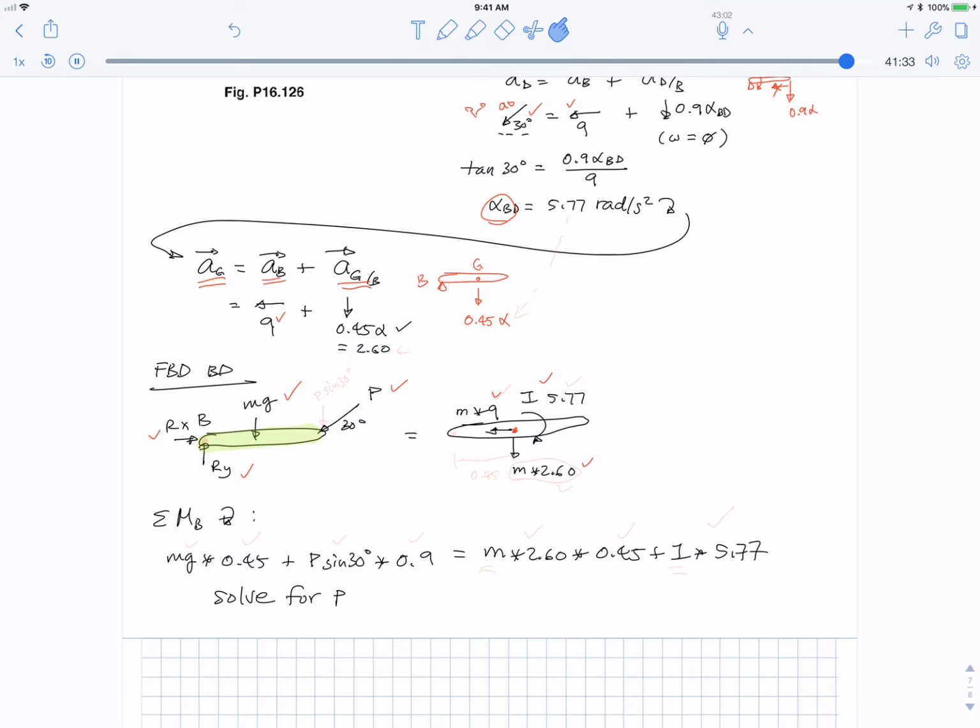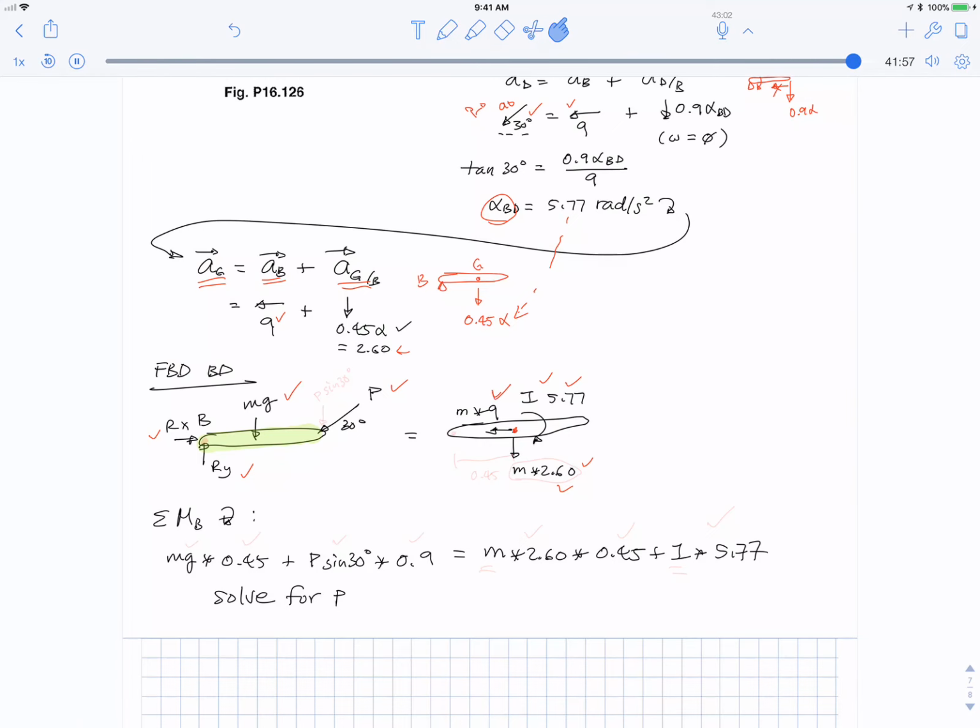And we just got that alpha, 5.77. You put it in there, and you can get this. So now we can write out the right-hand side. We know that the x acceleration is 9 to the left, the y acceleration is 2.6 down, and the alpha is 5.77. So we have the complete free body diagram.